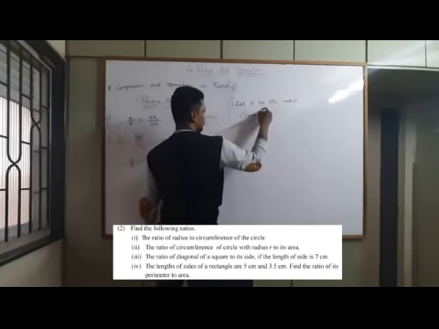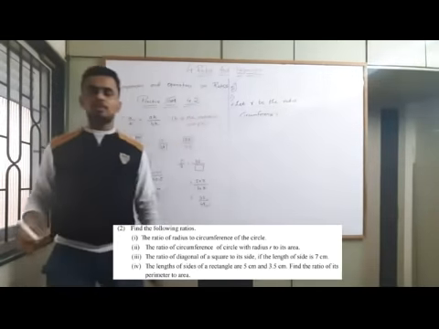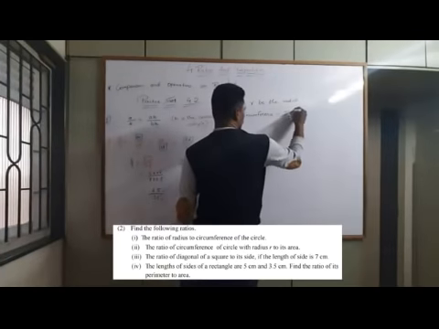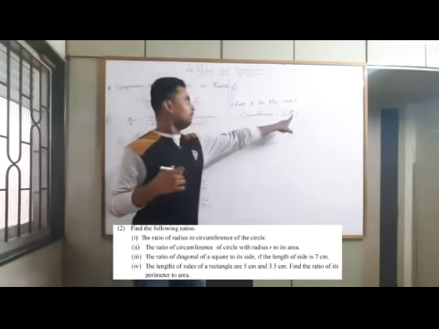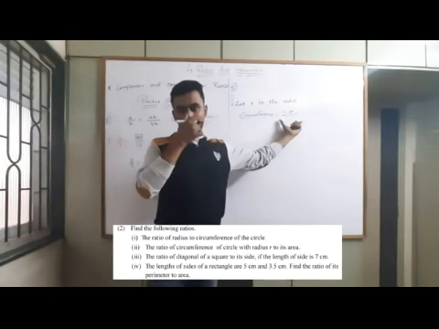Circumference is equal to, what is the formula for circumference of the circle? It is 2 pi r. So r being the radius, circumference becomes 2 pi r.